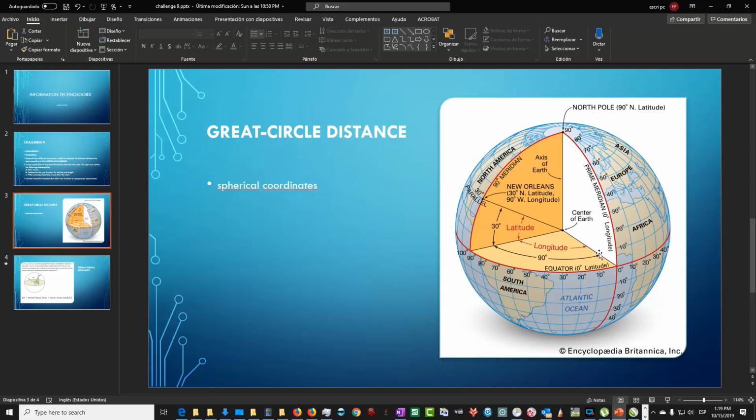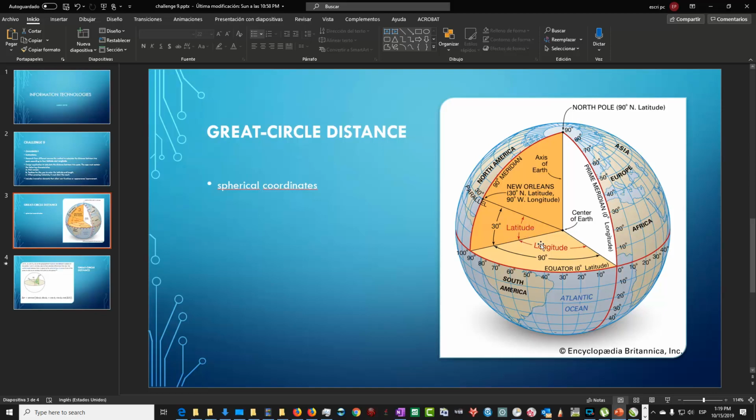Then this angle formed from the face of the cut Earth planet to the point location is called the longitude of this point. And also, if you use an angle related to the face that you get when you cut the Earth by the equator to the point that you want to locate, then this angle is going to be called latitude.